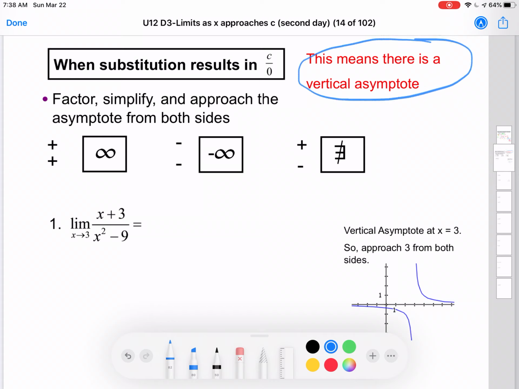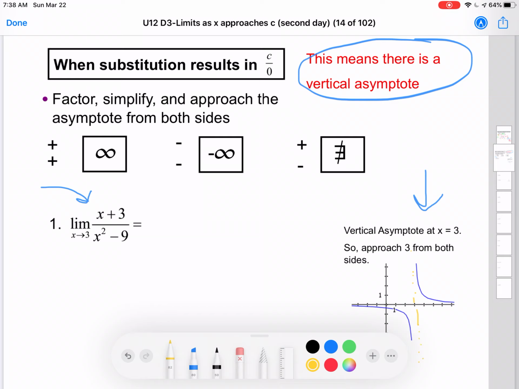Okay, so think about it logically, and we can look at the example that I'm giving you. So here's the function, x plus 3 over x squared minus 9. If I was in class with you, we would graph this. Now you can see here that there is a vertical asymptote at x equals 3.